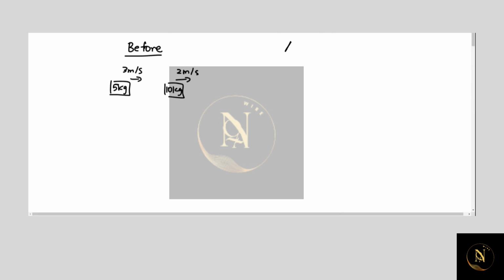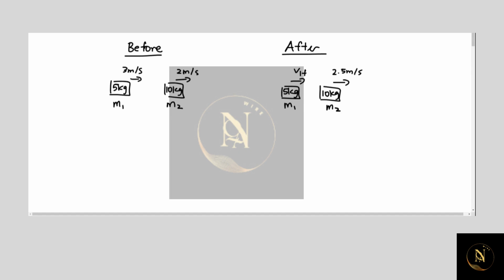After the collision, the 10 kg block moves at 2.5 meters per second to the right, and the 5 kg block also continues to move to the right. I'm going to label this as V1F. So this is M1, M2, M1, and M2.